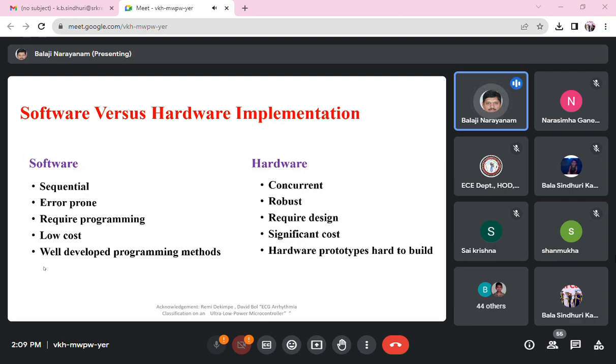When it comes to the software, it's low cost, as most of the open source software is available free of cost. But when it comes to the hardware implementation, we need to buy, whether it is an FPGA or an embedded processor, an embedded controller, you have to buy it. So there will be a significant cost involved in the hardware implementation. When it comes to the software implementation, there are well-defined and well-developed programming methods, whereas the hardware prototypes are very hard to build.